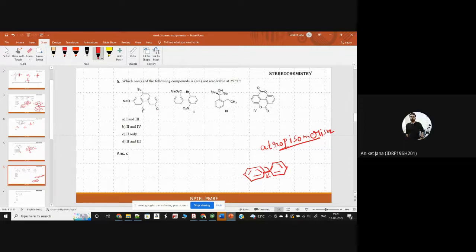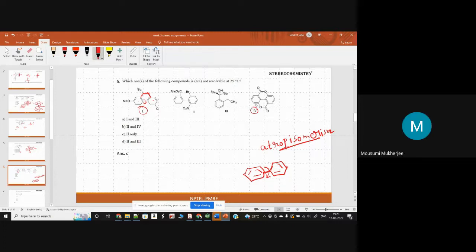Let's start with one. Will it show atropisomerism? No, as the two phenyl rings, this one and this one, are completely in a caged framework, so it cannot rotate around this single bond. Okay.